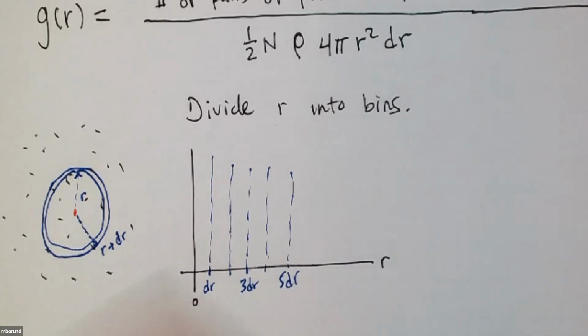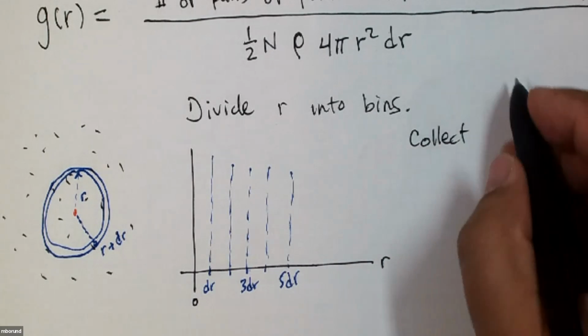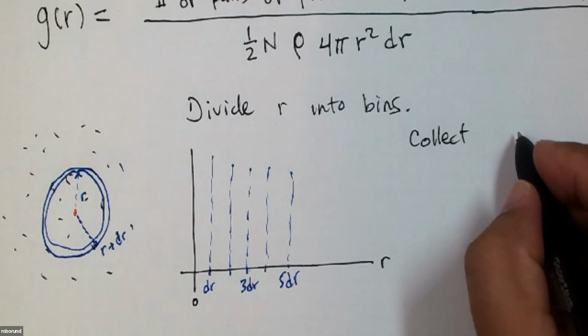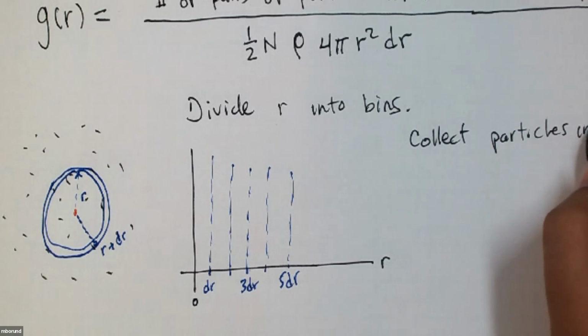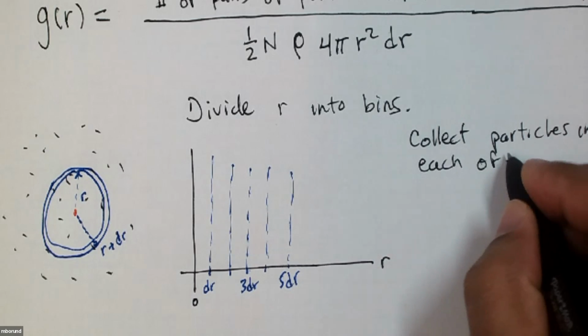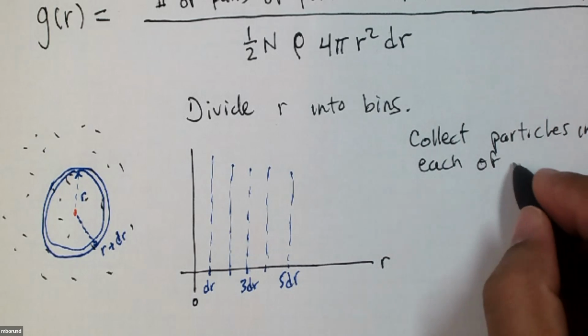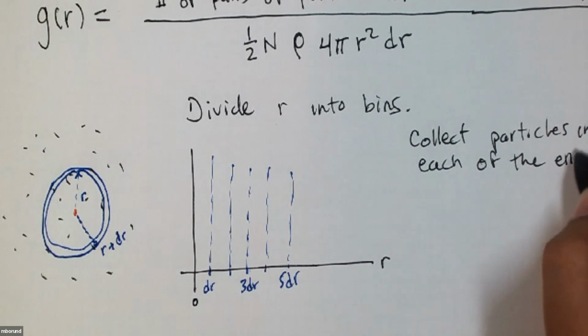And then the bins are divided, and then you collect particles into each of the entries of an array.